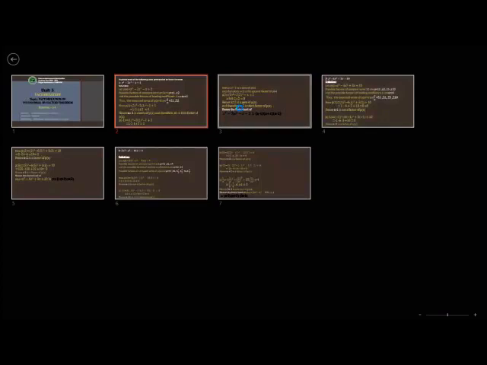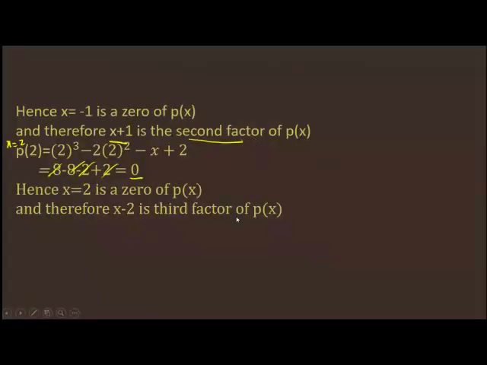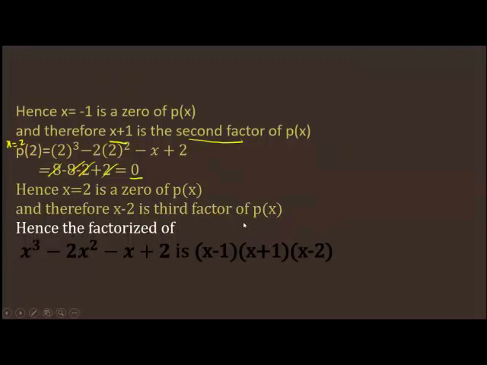So you can see 3 factors. Hence the factorized form of this polynomial is: x minus 1 first factor, this is the second factor, this is the third factor, so we can say this is equal to this. This is the factorized form, right? This is our answer.